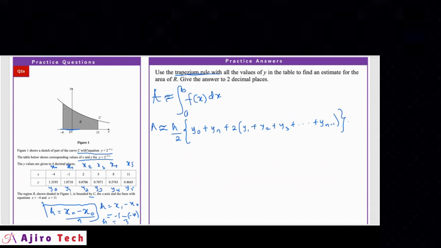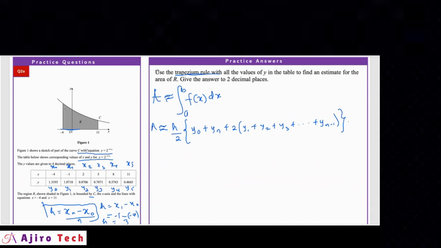So h is 3, and it's always constant when you are using the trapezium rule. The difference between each ordinate must be the same for the value of x.